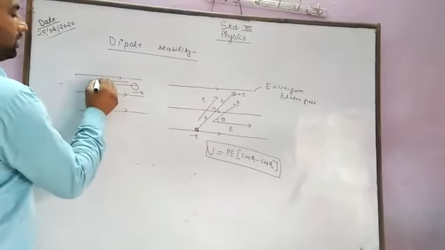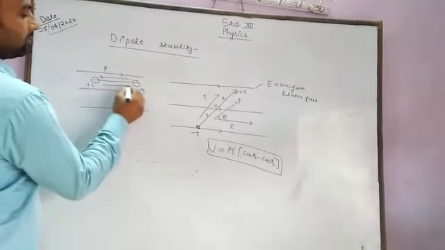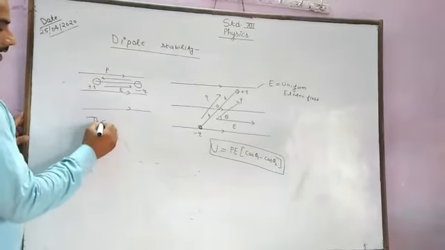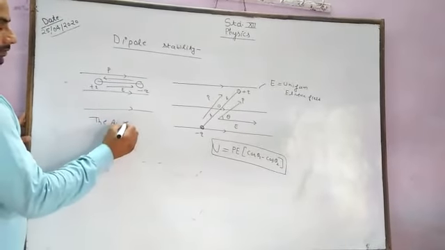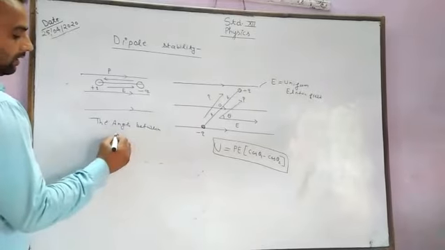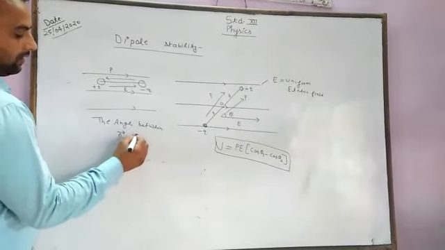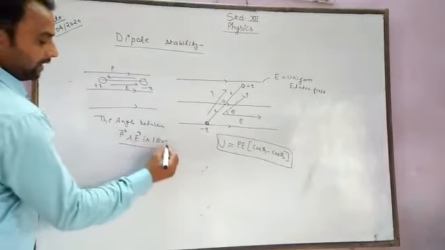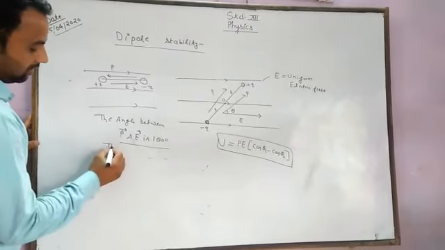The direction of the dipole is here, and the direction of the electric field is here. The angle between the dipole and the electric field is 180 degrees. Then it is called unstable.